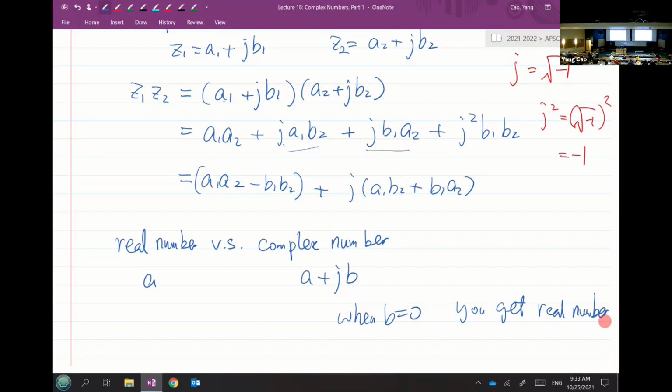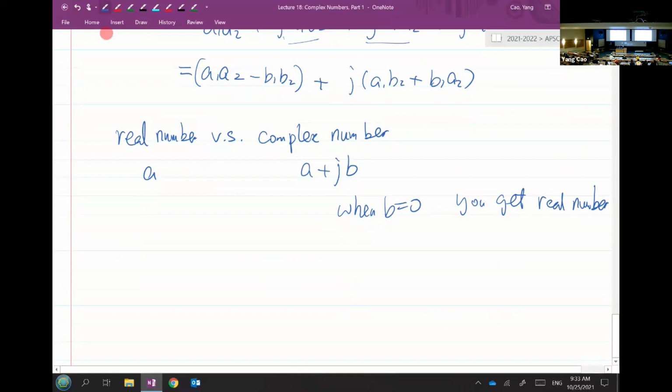Now, before I talk about the next operation, division, let's focus on this multiplication, especially this j squared. I want to elaborate a little bit on the j squared here. I'll just call this a comment.